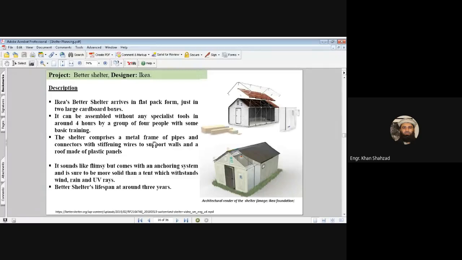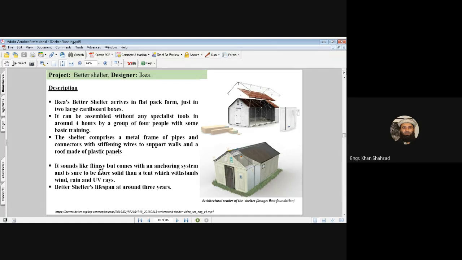of pipes and connectors with stiffening wires. As I told you, if we are providing stiffeners in this, from here to here or from here to here, we call these bracers or stiffeners. Wires to support walls and a roof made of plastic panels.